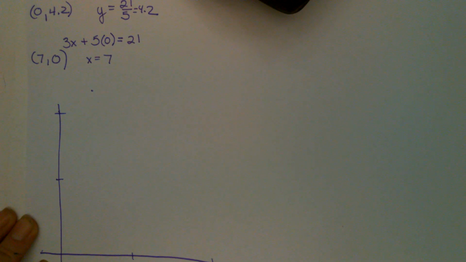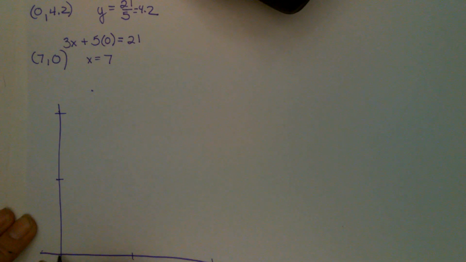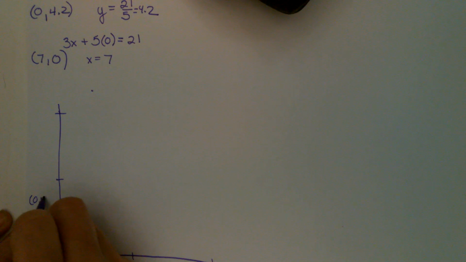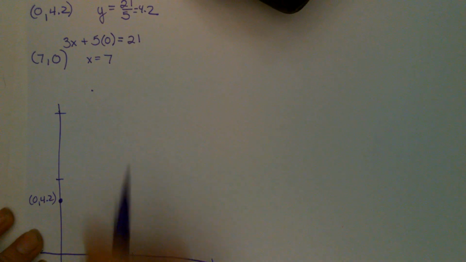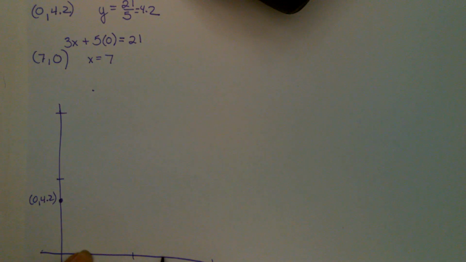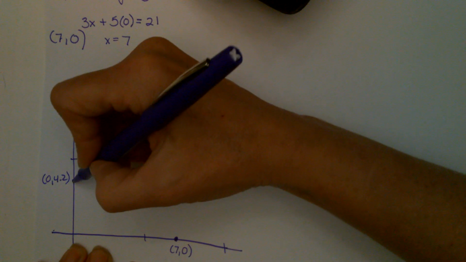To graph this, I'm at (0, 4.2). I'm not worried about perfection because I'm going to label everything. The other one is (7, 0), which is right around here. Then I'm going to freehand the line.